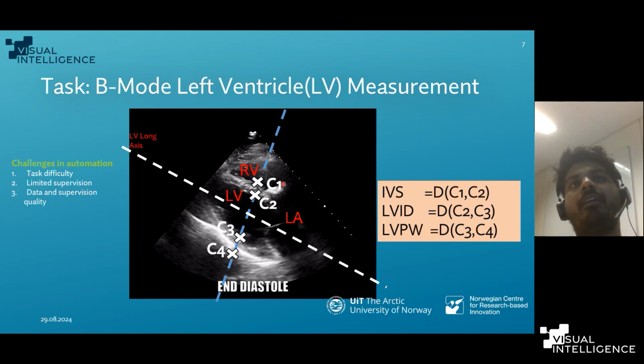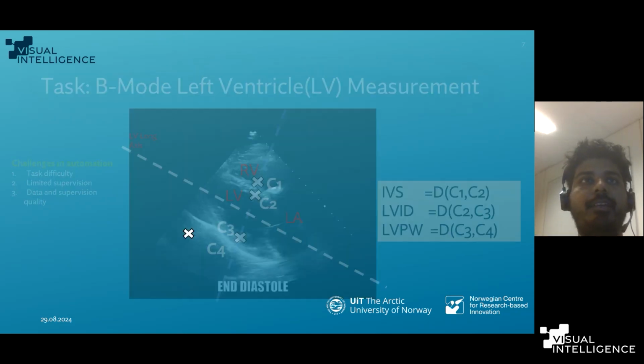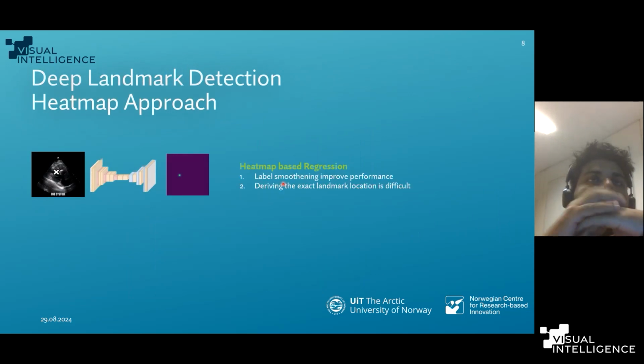So they have different image quality, and if the annotations are performed by an inexperienced user, then sometimes we have low quality of the supervision.